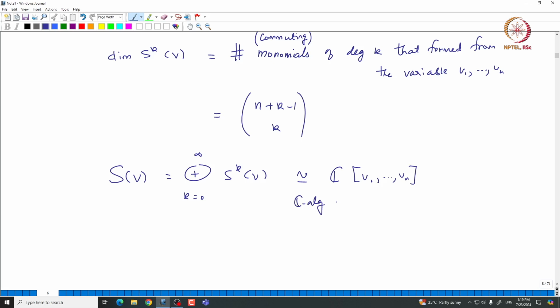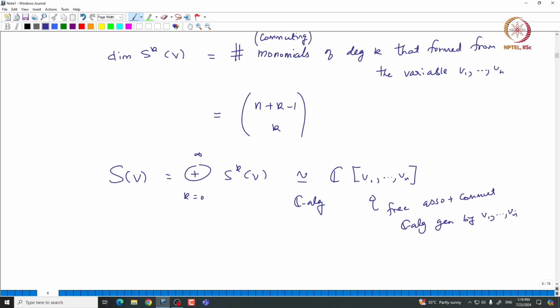Okay. So, that is because these variables V1 etc. Vn commute, and this is the free associative plus commutative C algebra generated by V1 etc. Vn.